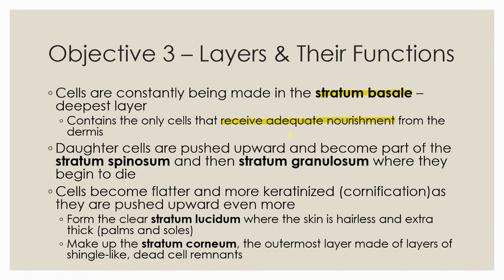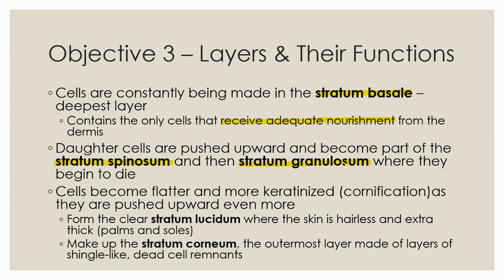Since the stratum basale are right there near the dermis and near the blood vessels, they are the ones getting adequate nourishment, which is why they are living and able to replicate. As I mentioned earlier, once the cells are made, they're pushed upward into the stratum spinosum and then even more into the stratum granulosum, and this is where the cells will disintegrate and die.